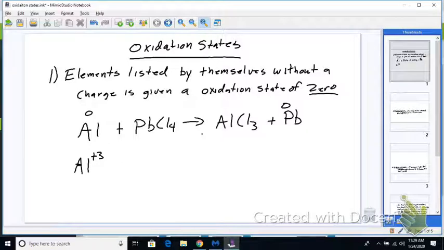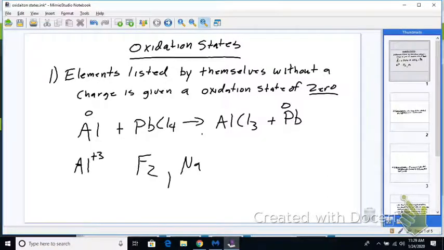Now we'll come back to this maybe, just to show what's going on with these electrons. But for right now, I'll give you some more examples real quick underneath this. F2, that would be 0. Sodium, 0.